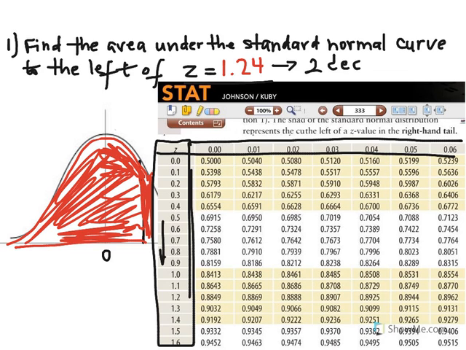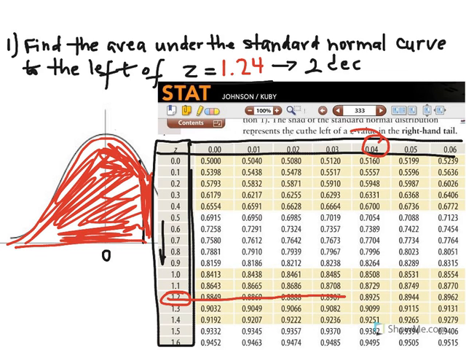So how are we going to read this now? If we need a z-score of 1.24, the first thing we need to do is find 1.2. So 1.2 is this right here. Now we go across and find the 0.04, which is the second decimal, or the hundredths digit.